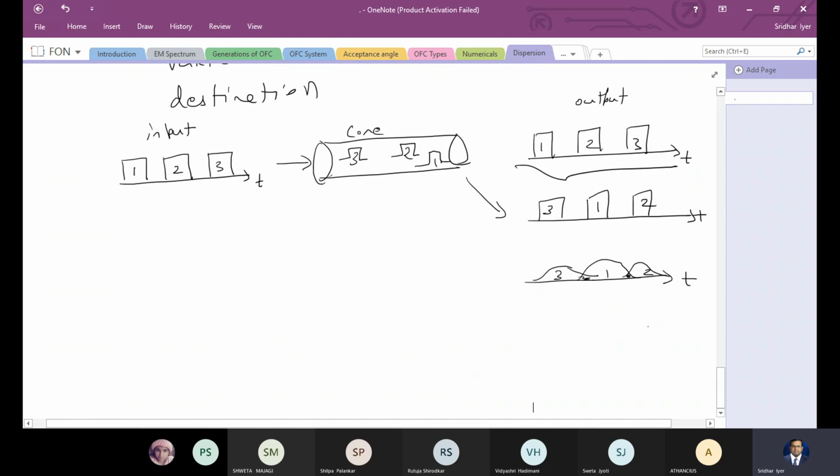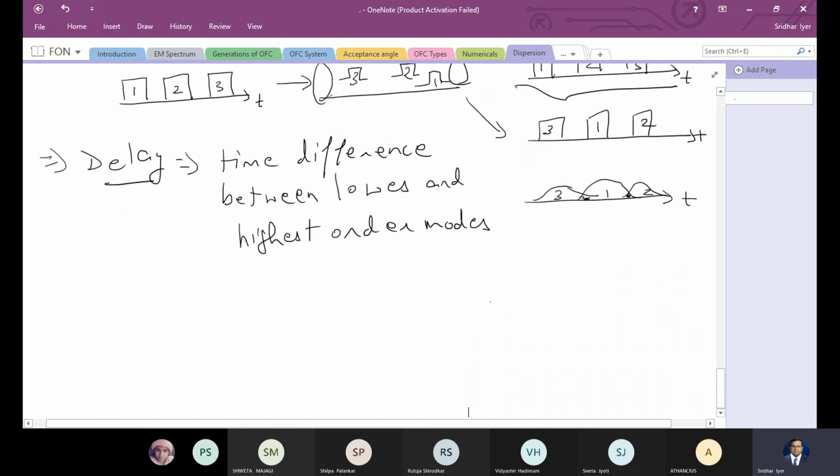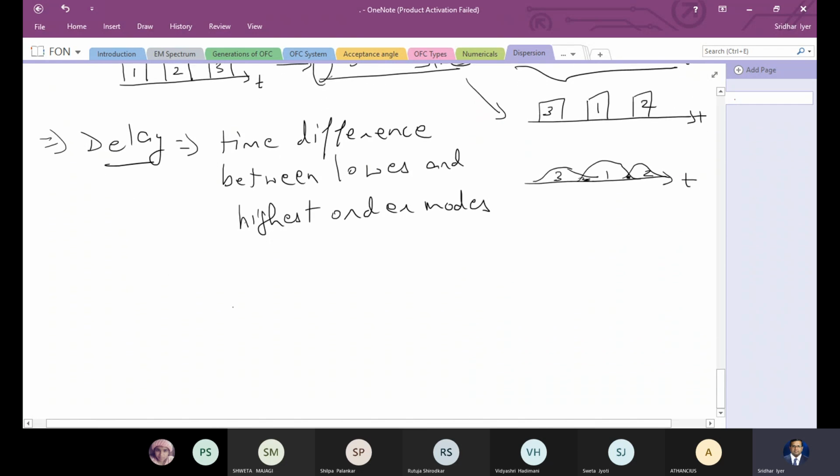So this is usually found in the multimode fiber, and the reason for the delay, why this delay occurs, is time difference between lowest and highest order modes, right? So let's try to understand this. What is this lowest order and the highest order, right?